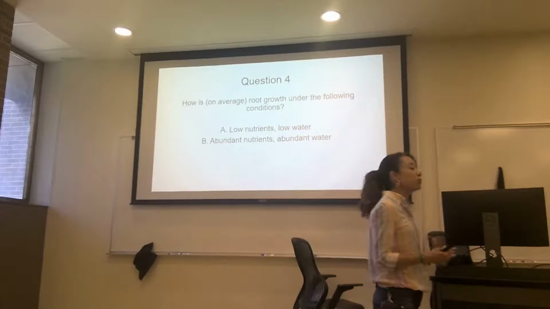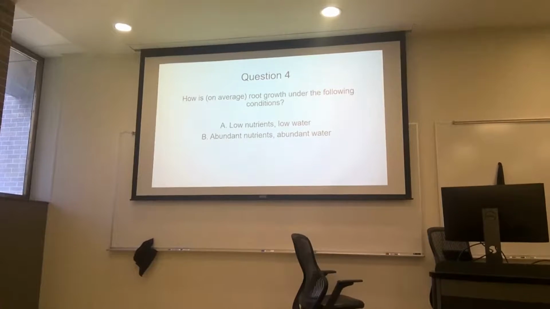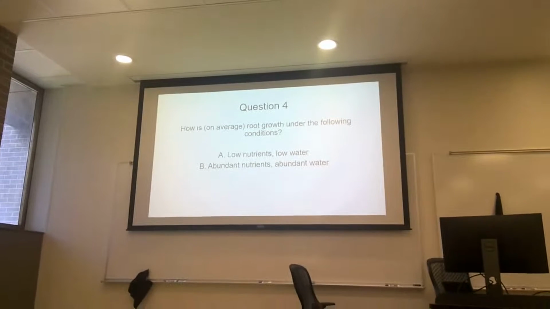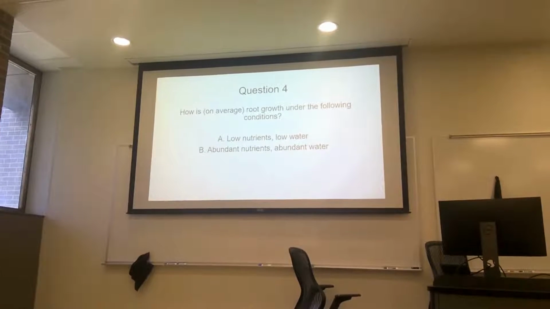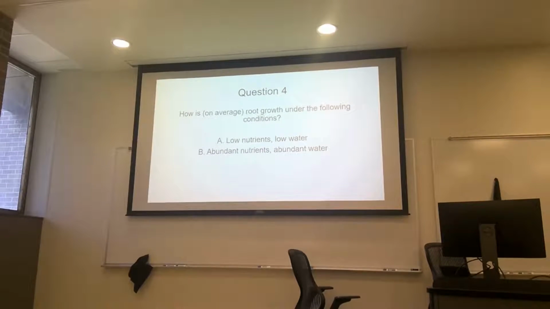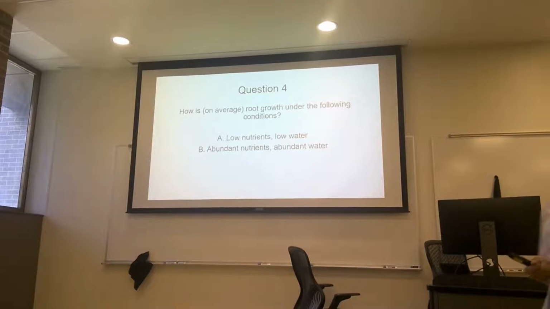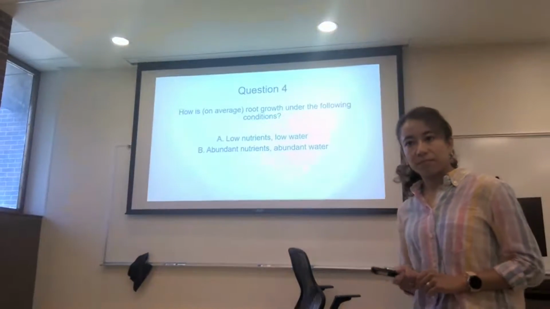How do you think the root is going to be in that plant, if you compare it to a very well watered plant? Will it be really long, stringy? So why do you think it would be very long? Because it's searching for the nutrients.